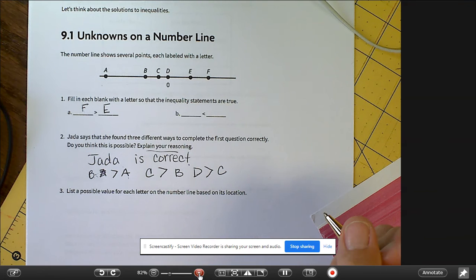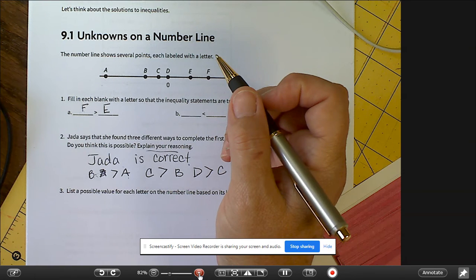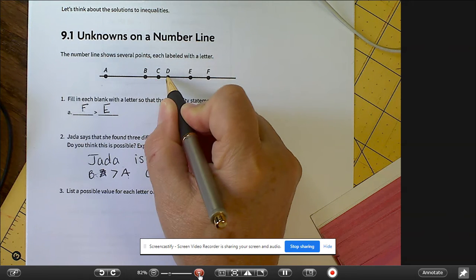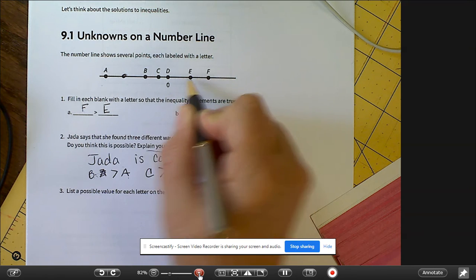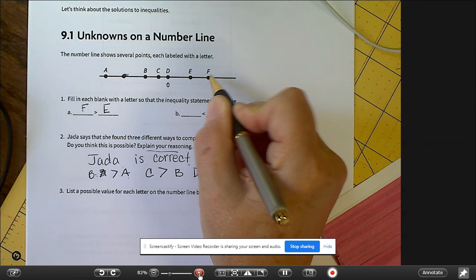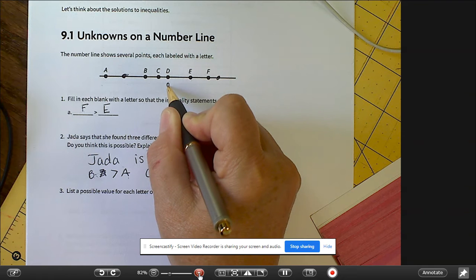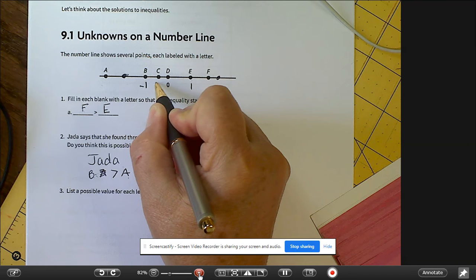Okay, so number 3 says list a possible value for each letter on the number line based on its location. So if this is 0, I would say this could be 1, and this could be -1.